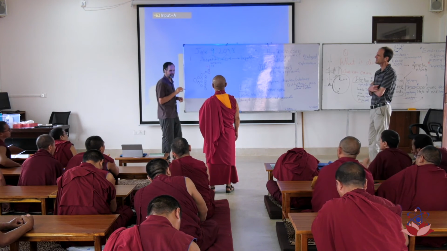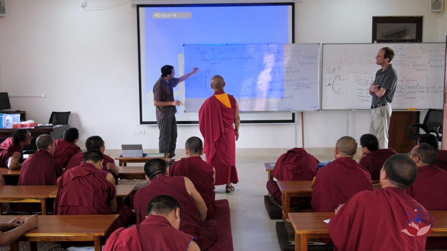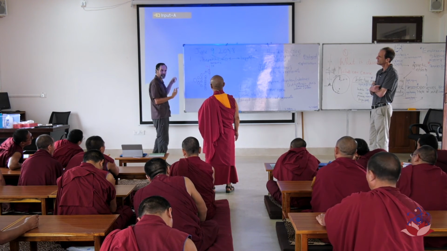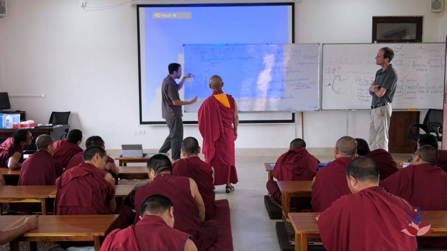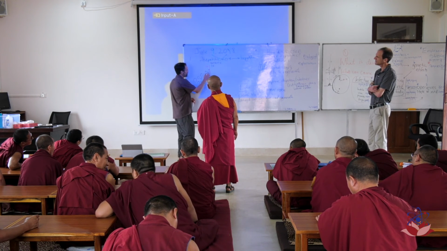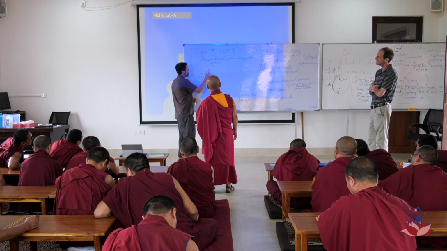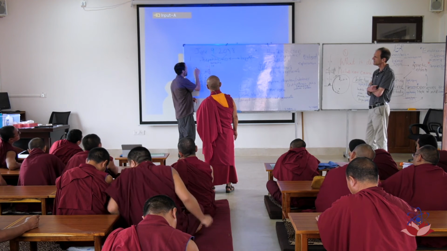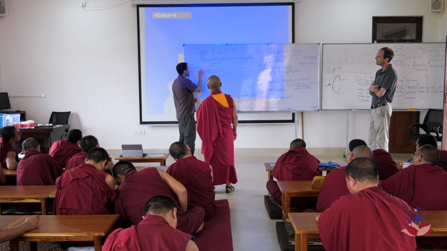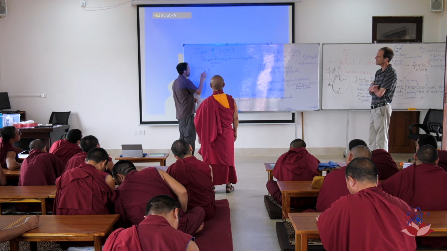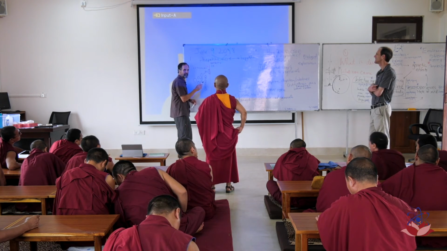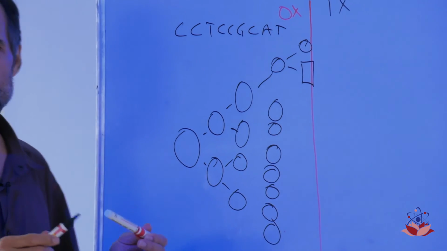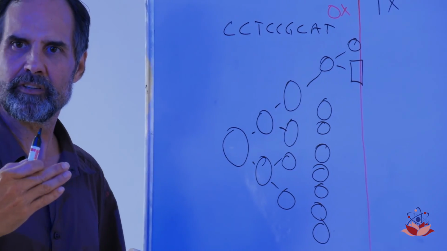All right? So, these were all the wild type clones that were growing in the 0 domain, and as it approached the boundary, a mutation happens. So, let's say this sequence is CCTCCGCAT. That's the DNA. And let's say that this is a mutation in a transporter.